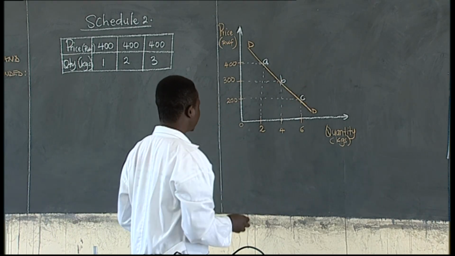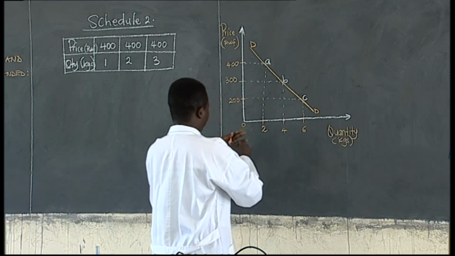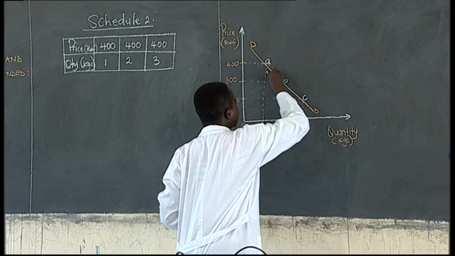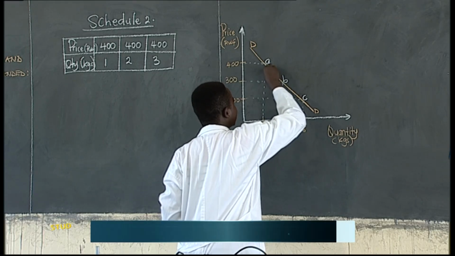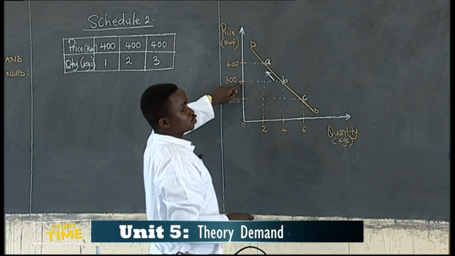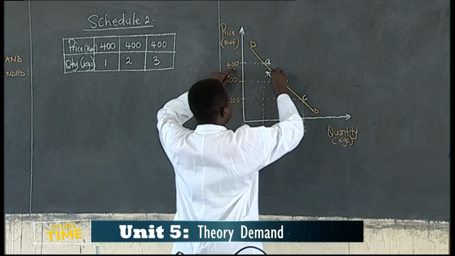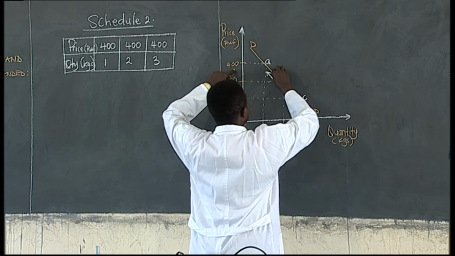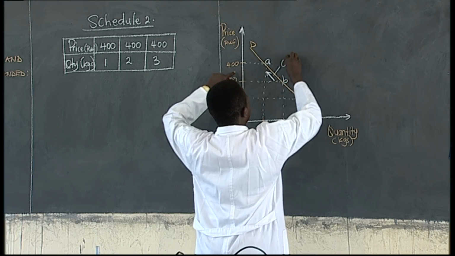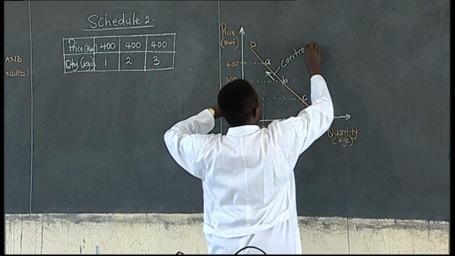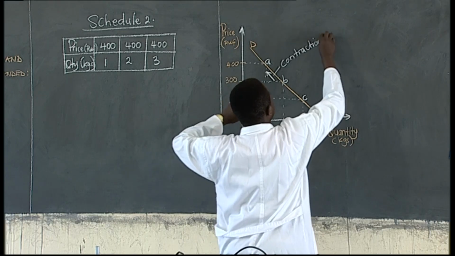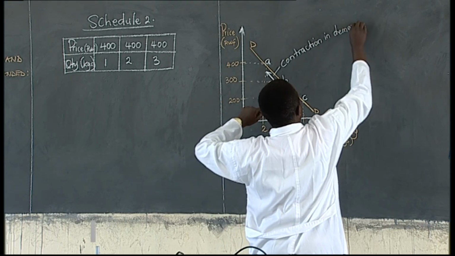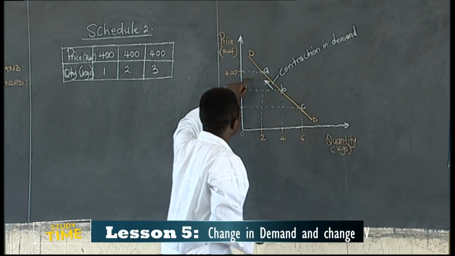So I want us to note one thing. As the price increased here from 300 to 400, this indicates a contraction in demand, meaning there is a reduction in the quantity demanded of the commodity due to an increase in price in this case.